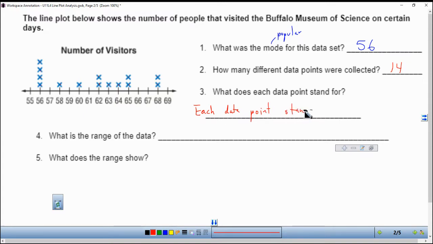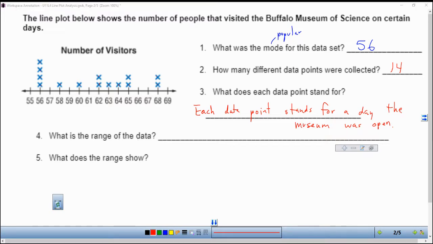Again, if there was a data point on here for 1,200 people, that'd be an outlier. That's really, really far away from the data. But it doesn't look like there are any outliers. These numbers are pretty close together.